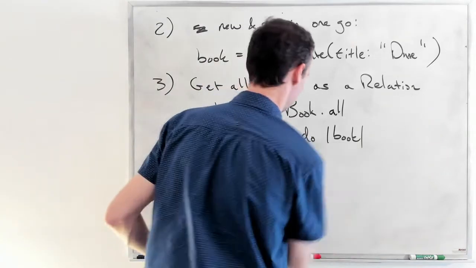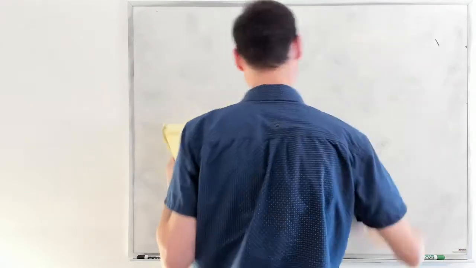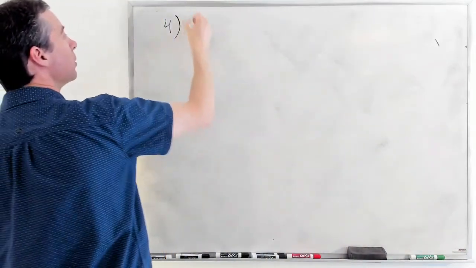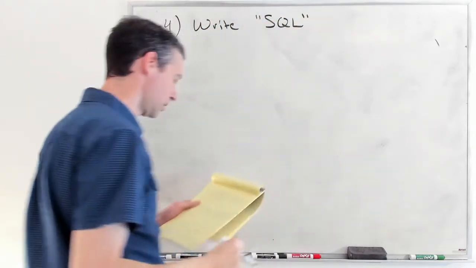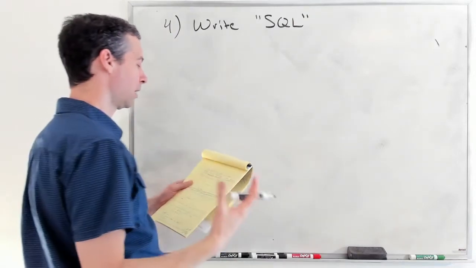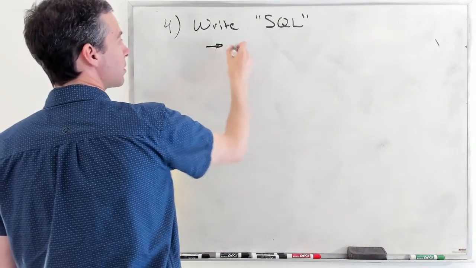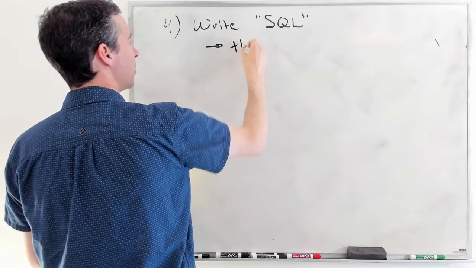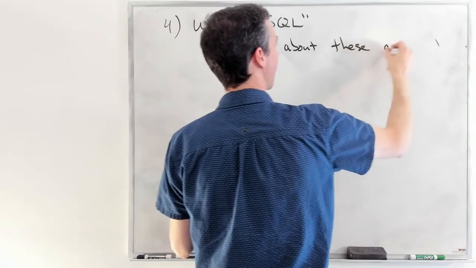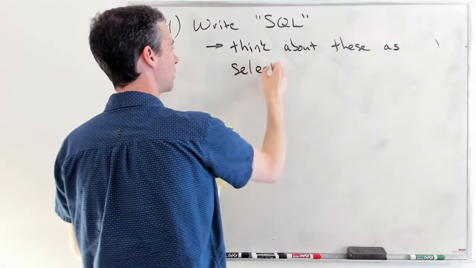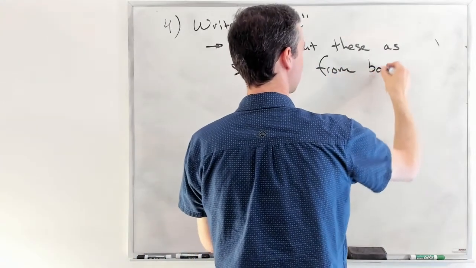We can absolutely write SQL-like stuff to query and get back results. As I say, you can write, and I'm going to put it in quotes because we don't directly usually write SQL when we use object relational mapping. The important thing is that you always need to think about these as select star from books.